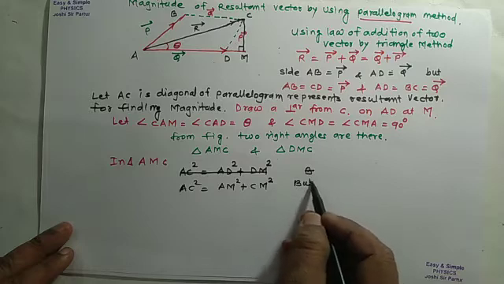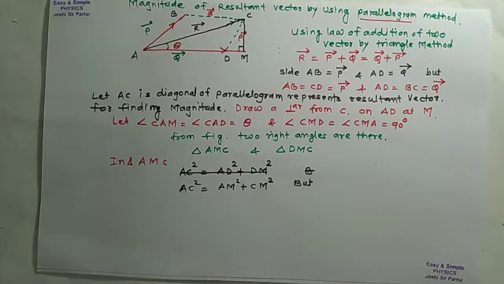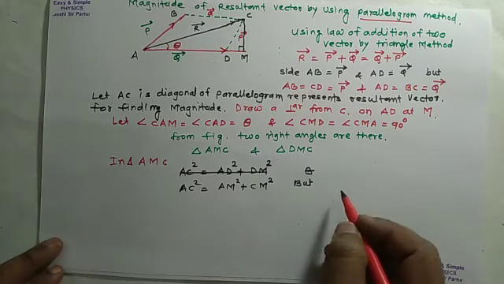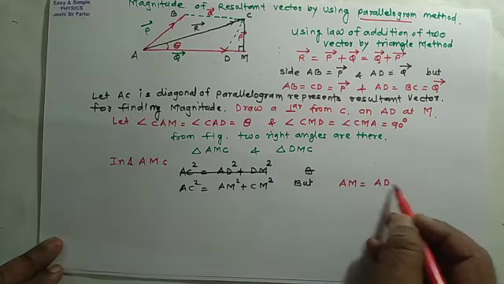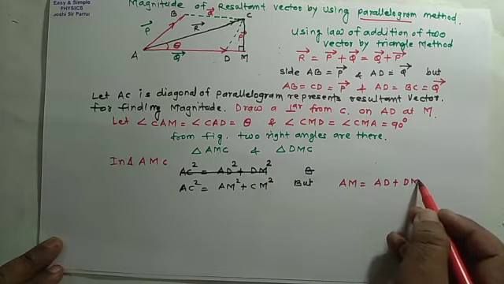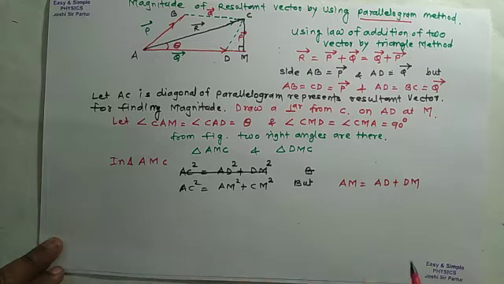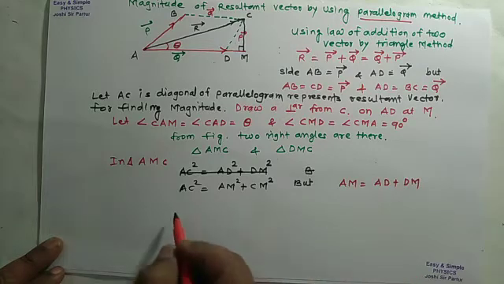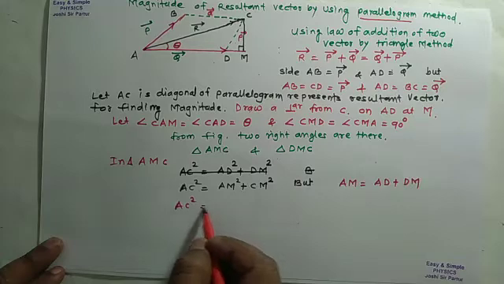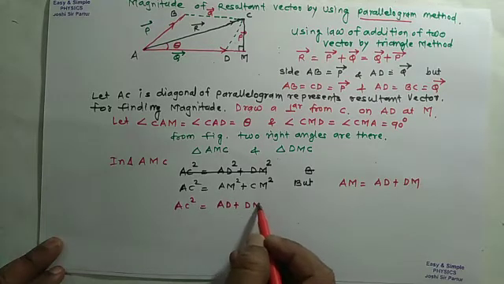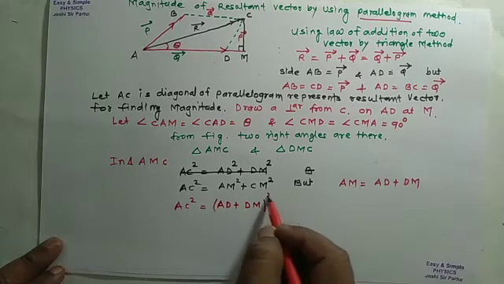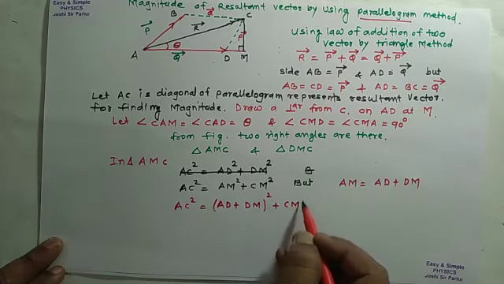But here we know AM is equal to AD plus DM. So by substituting AD plus DM, AC square is equal to (AD plus DM) whole square plus CM square.